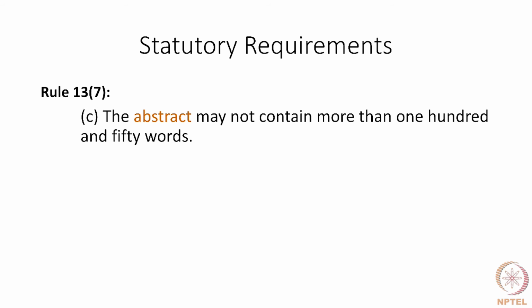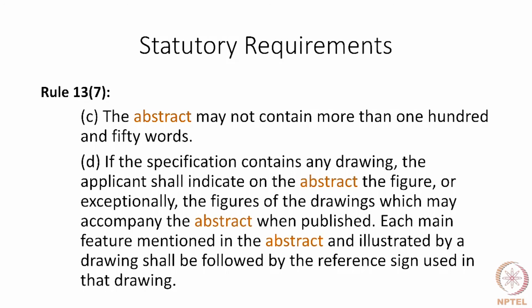Now the abstract has a word limit, just how the title has a word limit. It should not contain more than 150 words. So 10 times the word limit of the title. If D continues, if the specification contains any drawing, the applicant shall indicate on the abstract the figure or exceptionally the figures of the drawings which may accompany the abstract when published.